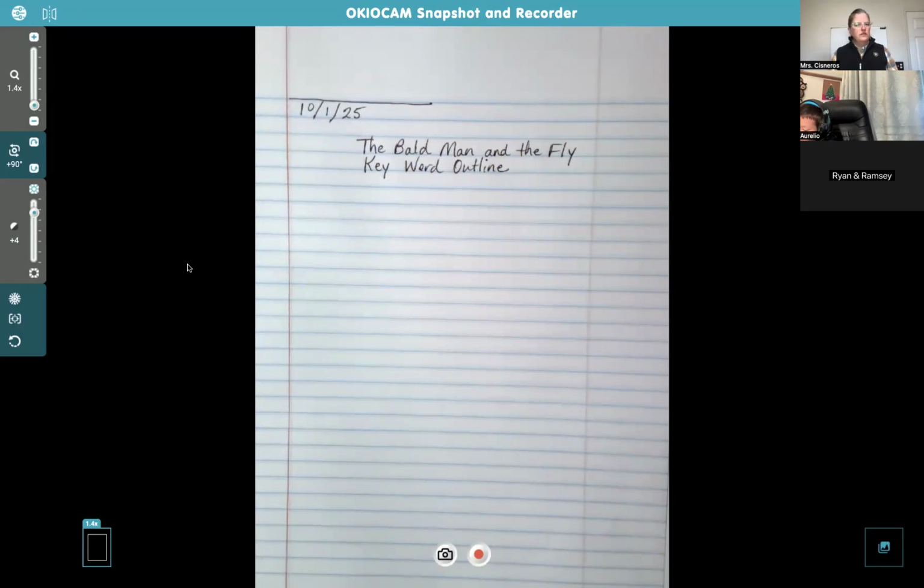We're going to read this story and take notes by listing key words for each sentence. Then we can use our notes to write the paragraph, and it'll be a little bit different than the original. So we're going to practice that again with this story.